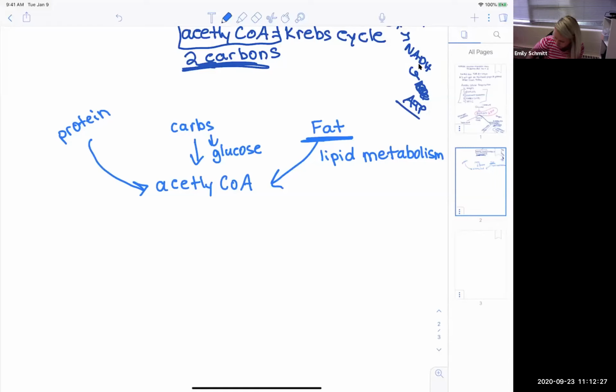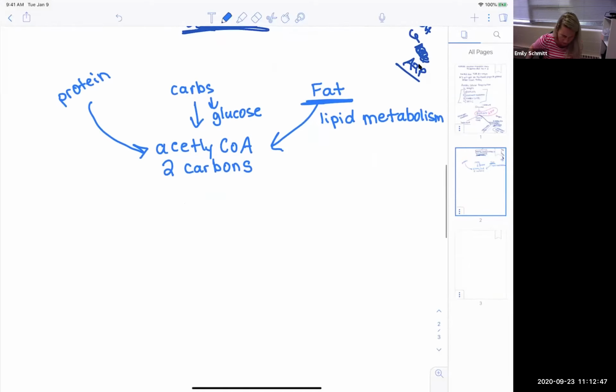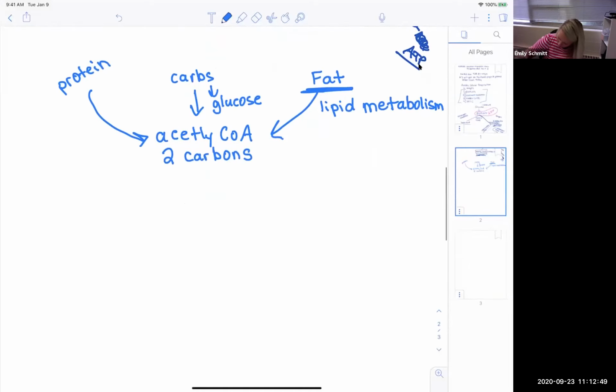Okay, so let's remember that acetyl-CoA, we have 2 carbons. So now this is the signal to us to start the Krebs cycle. Okay, acetyl-CoA is going to start our Krebs cycle. So, couple terms here. We introduced the term oxidation.